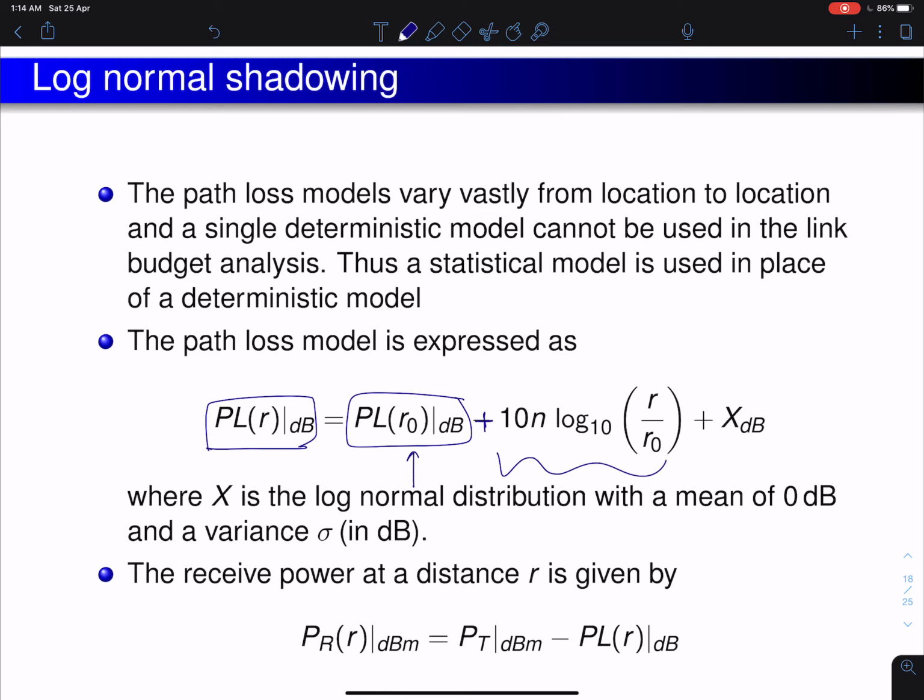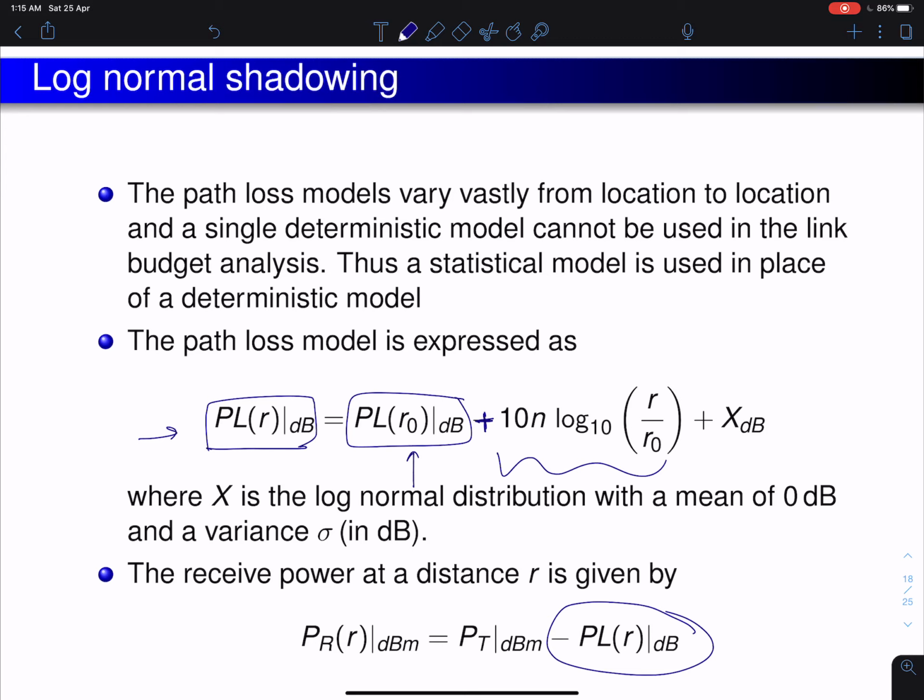This is plus, obviously, because path loss is an increasing number here. We are subtracting path loss from this expression here, so the received power has to decrease. That's why there is a plus here. I'll update this in the slides before I post it in the Google Classroom.